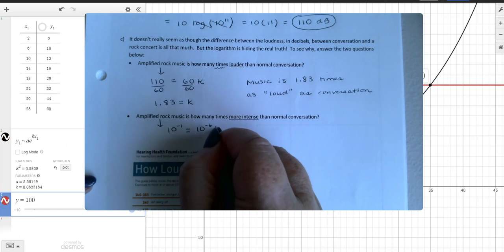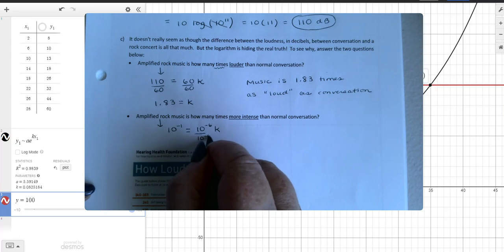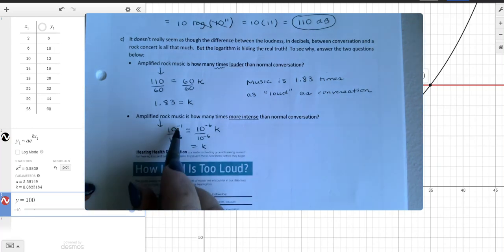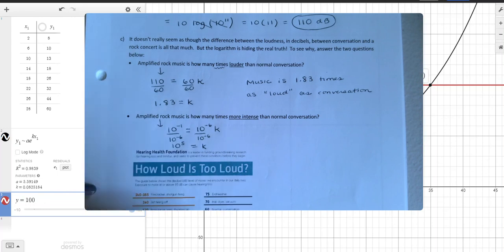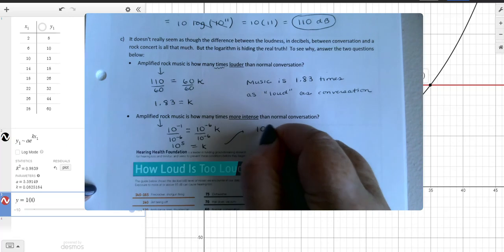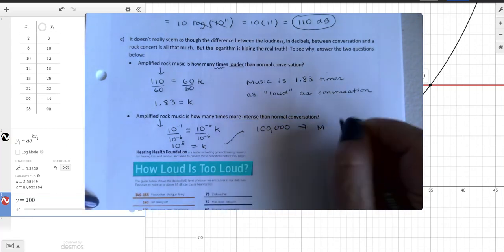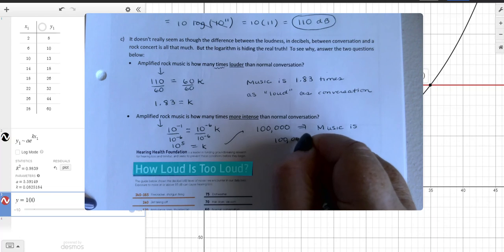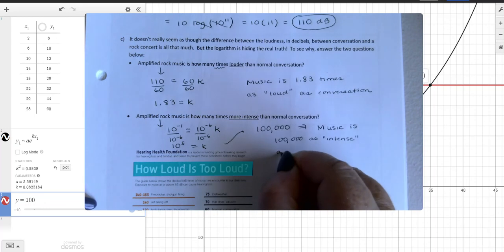And I'm going to make my multiplier here, K. So if I divide both sides by 10 to the negative sixth, subtracting exponents, that gives me 10 to the fifth power. 10 to the fifth power is a 1 with 5 zeros. So the music is 100,000 times as intense as the conversation.